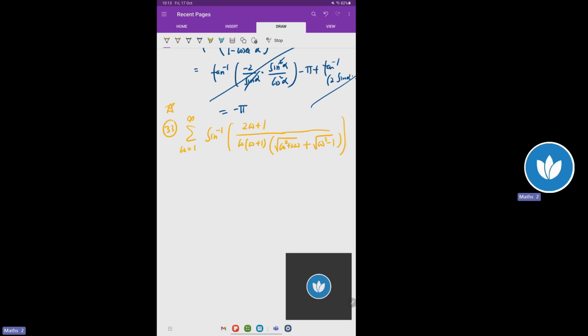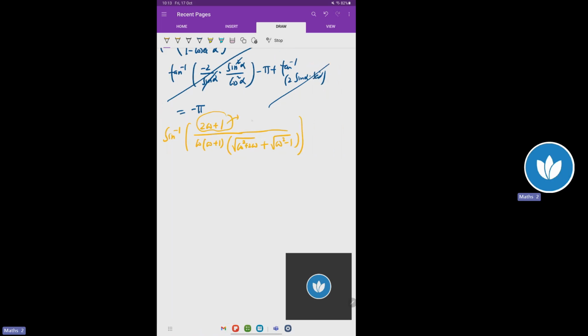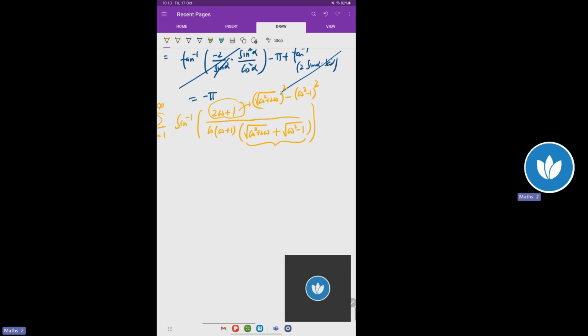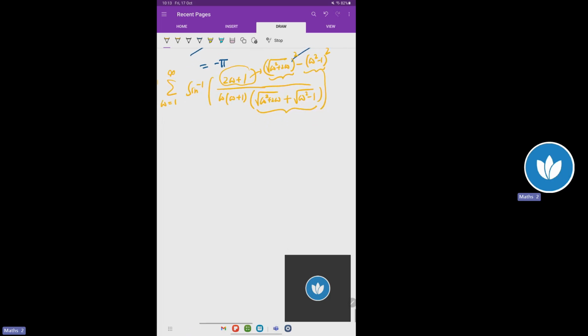Now, if you see very carefully, what is this actually? If you observe, we can write it like this: root omega square plus 2 omega whole square minus omega square minus 1 whole square. Now if I try to factorize this, it is a square minus b square, a plus b into a minus b. So one thing would be cancelled.